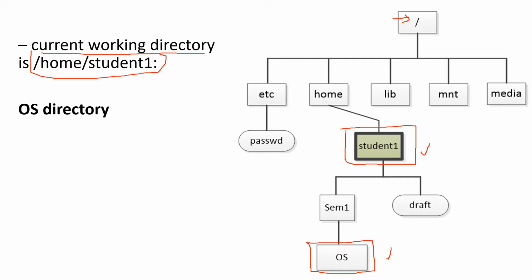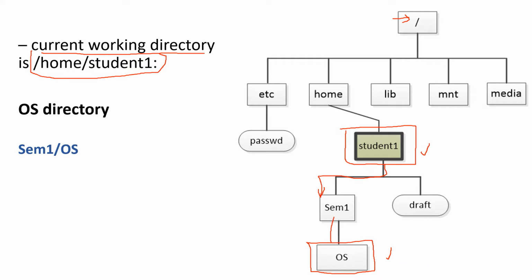So from here, we are going down to SEM1 and then OS. As simple as that, because it becomes the shortcut. So what is the relative path of the OS directory? SEM1/OS. That's the answer.